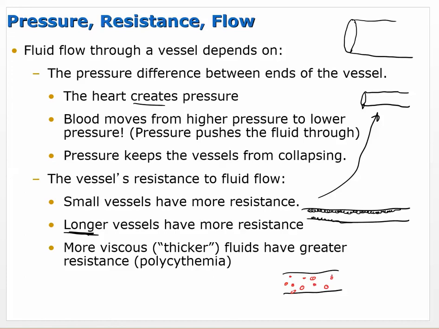If these are red blood cells, that's going to be one viscosity, and that's going to have a certain resistance. But if we try to push a whole bunch more red blood cells in there, or white blood cells, any kind of blood cells, or anything really that's going to make it thicker, but usually it's blood cells that do it, then that's going to increase resistance. You increase resistance, you increase pressure.